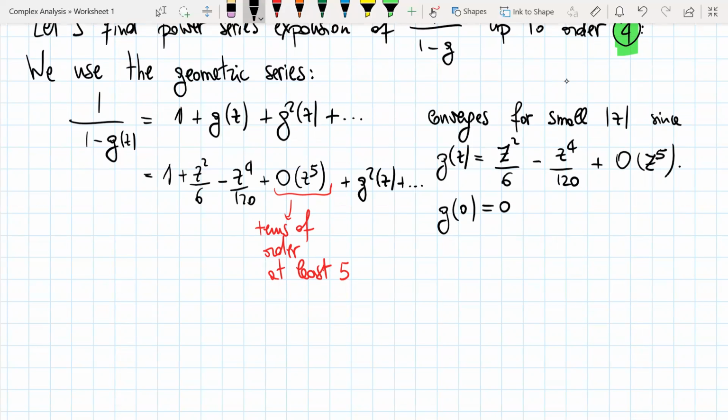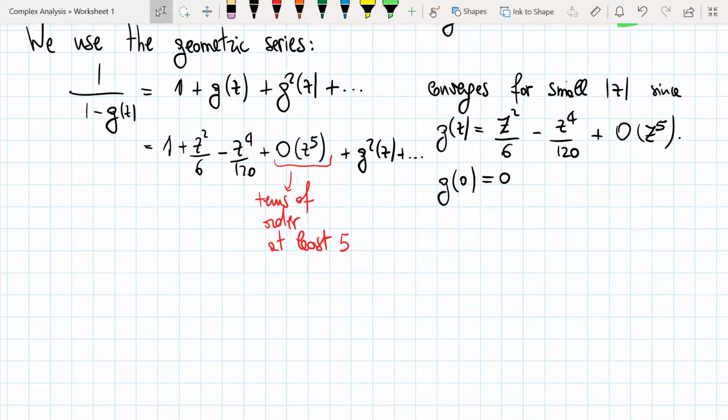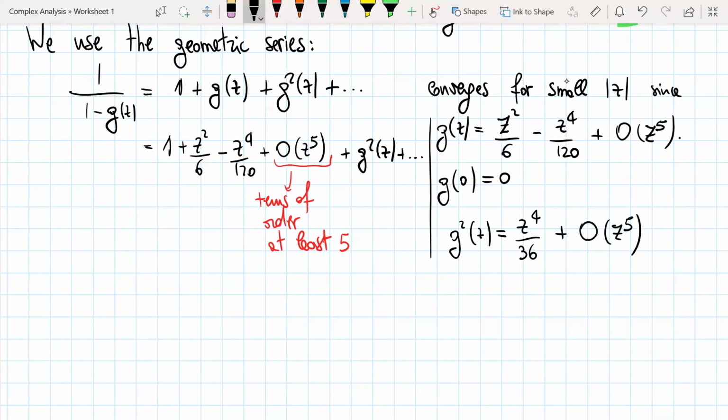So now I want to compute g squared up to order 4. What do I have to do? I have to take the square of the first term. Then I should take products of all the other terms here. But you see, already taking the square of the first term gives me here a power of 4. So all the other terms will also be of order bigger than 4.